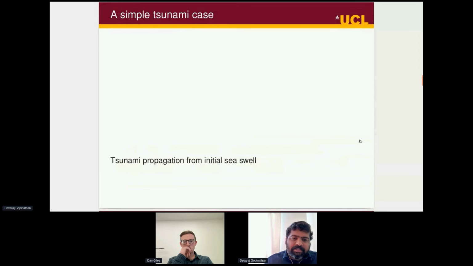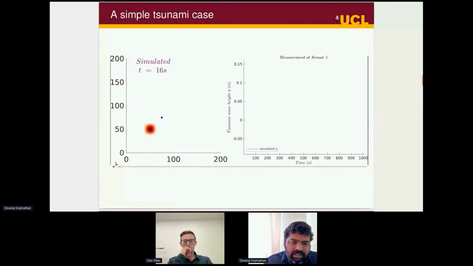So the problem that we are going to see is this. On the left side, you can see a big red dot, which is the initial swell in a tsunami. So tsunami happens because there is a swell in the sea, and under the influence of gravity, when the swell drops, it creates waves. In the blue dot is the sensor which picks up the tsunami signal. So these sensors are usually deep sea sensors.